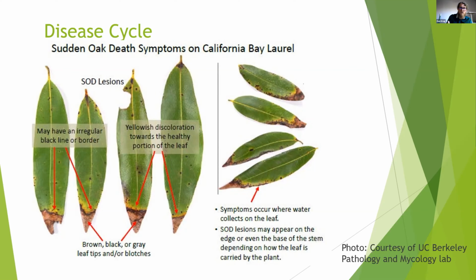On the right-hand side, those leaves are more on their side, but the water still collects towards the tip. There's a black necrotic line where the infection has caused the leaf material to die back. It will typically be brown during the first year of infection and black or dark gray if it's an older infection.